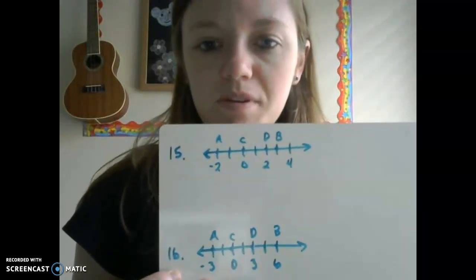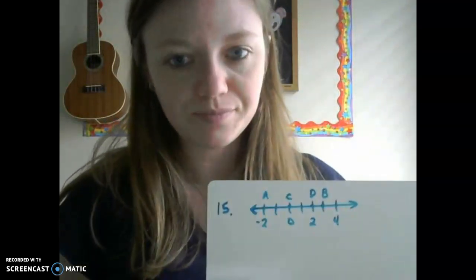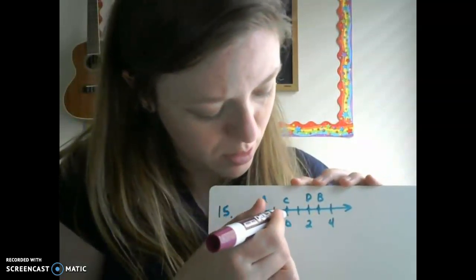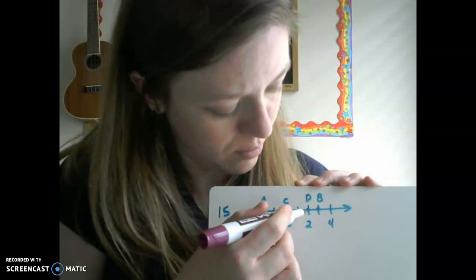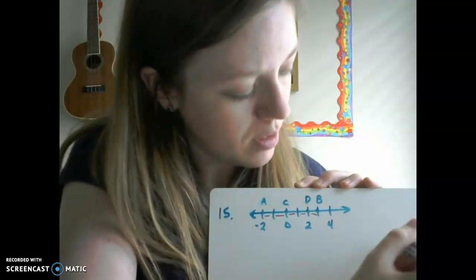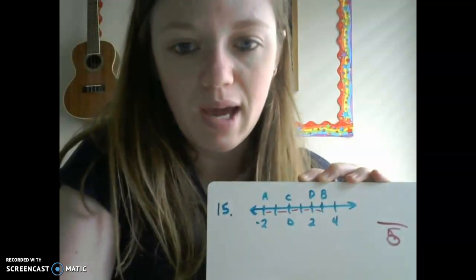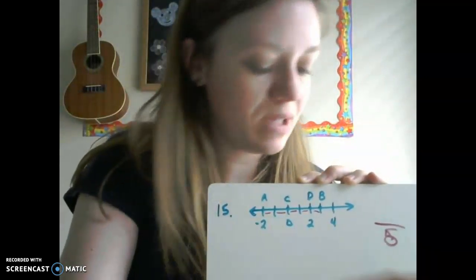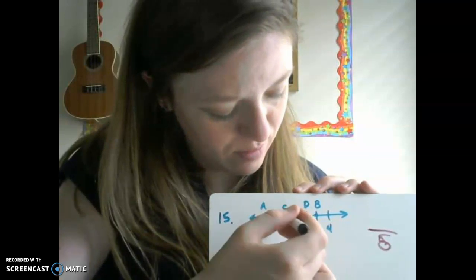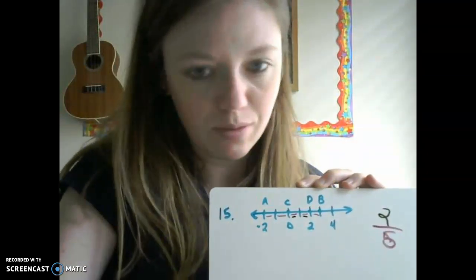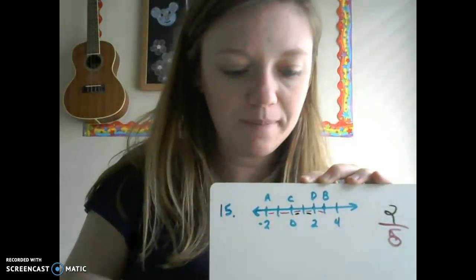We need to find the number of units between A and B. So we have A here, so there's 1, 2, 3, 4, 5. So 5 will be on the bottom. And now we need to find the number of units between C and D. So we have C here and D here, so there's 1, 2. 2/5 is the probability.